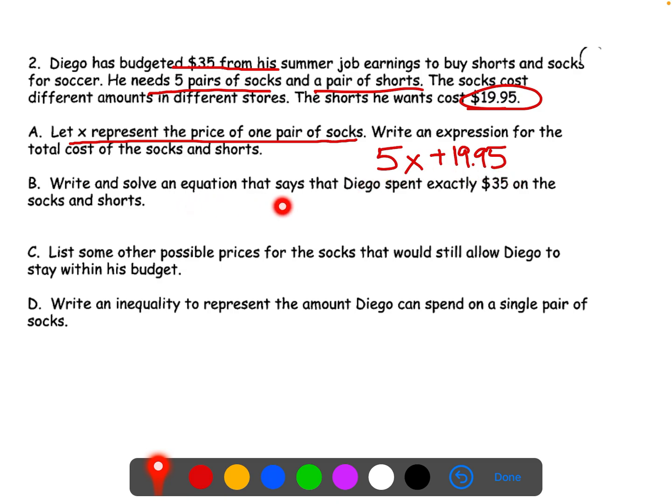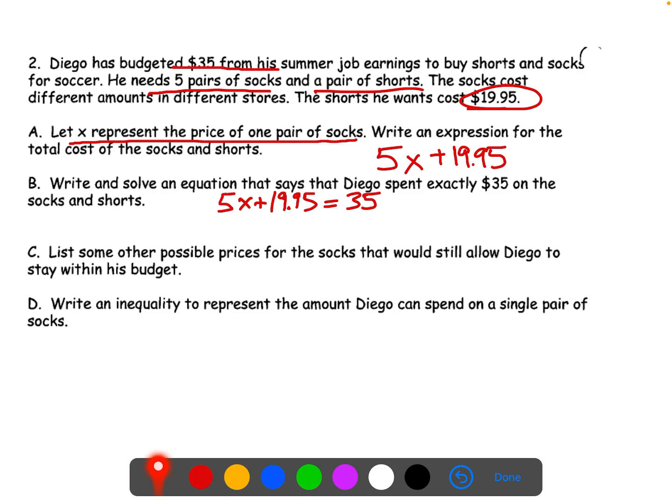Now we're going to make an equation so that he spends exactly $35 on these 2 things because that was what he had budgeted. All we're going to do is write that expression and make it into an equation and then solve it.